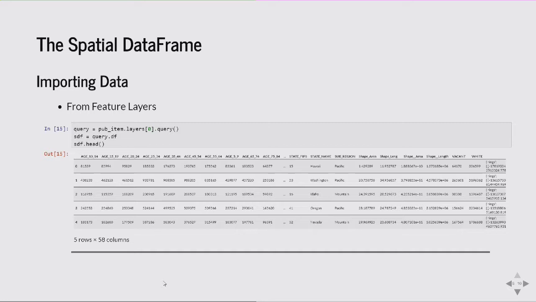It converts all that raw JSON that's underneath into our spatial data frame object, and we can go on and continue our analysis. So that means information that was sitting somewhere out on the internet, you now have stored locally. It's pretty cool, pretty powerful, and you can start doing your analysis with it.